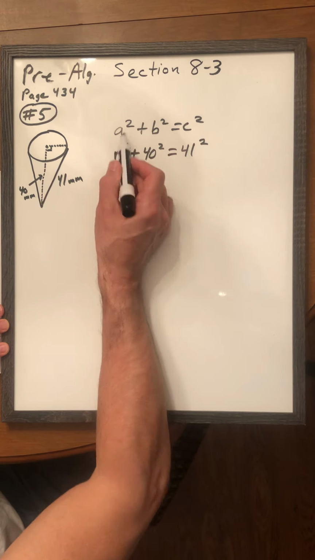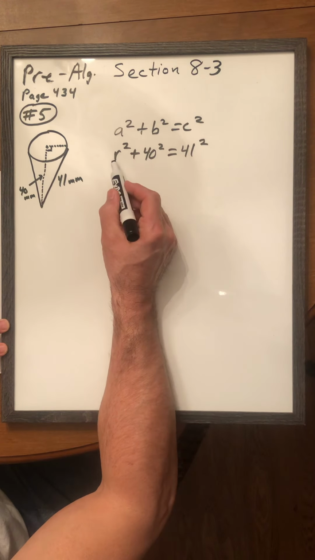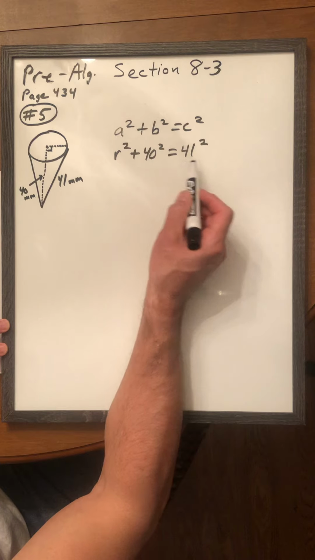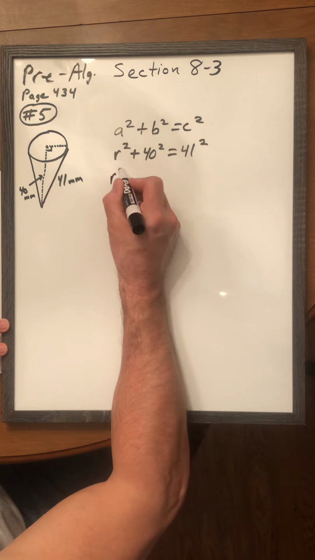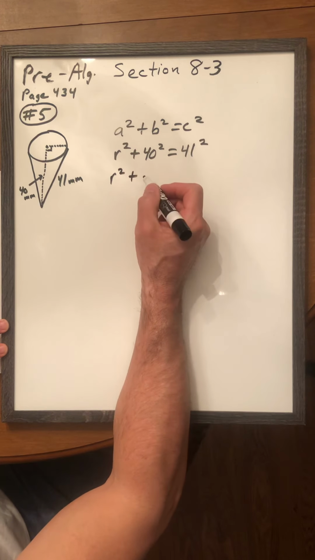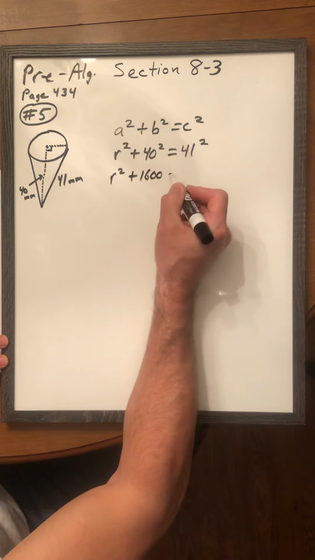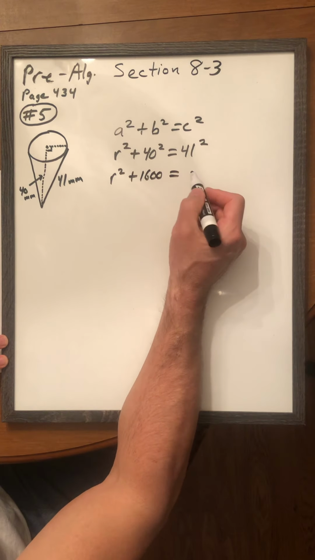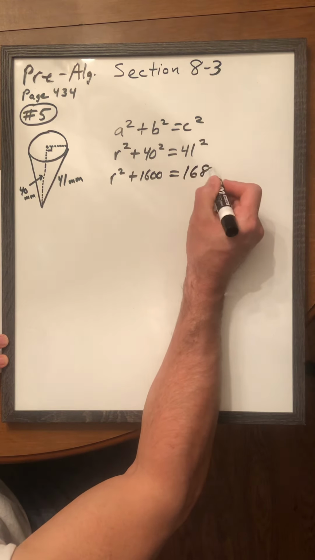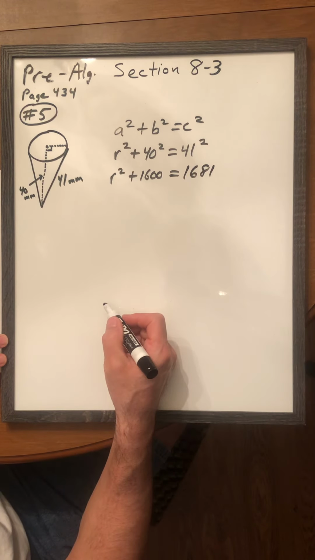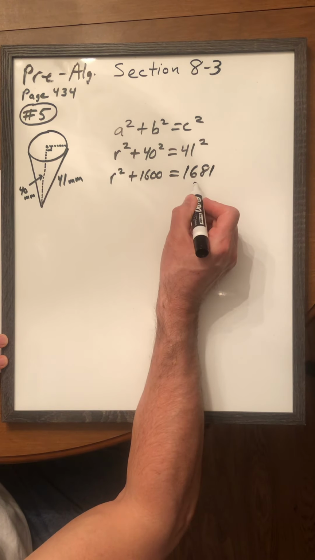So instead of using A, I'm going to use R. Now we have R squared plus 40 squared equals 41 squared, and we're going to solve for R. 40 times 40 gives me 1600, and 41 squared is 1,681.